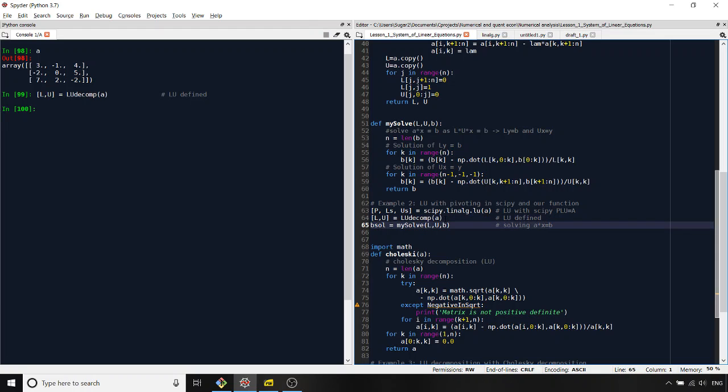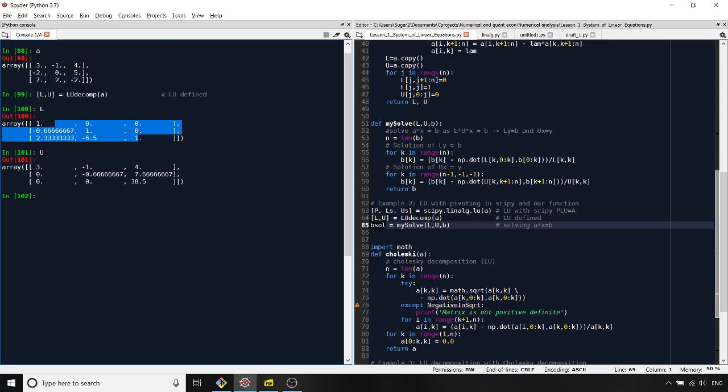We just click F9 and get L and U. This is lower triangular, which has zeros here, ones on the main diagonal, and some different values here.